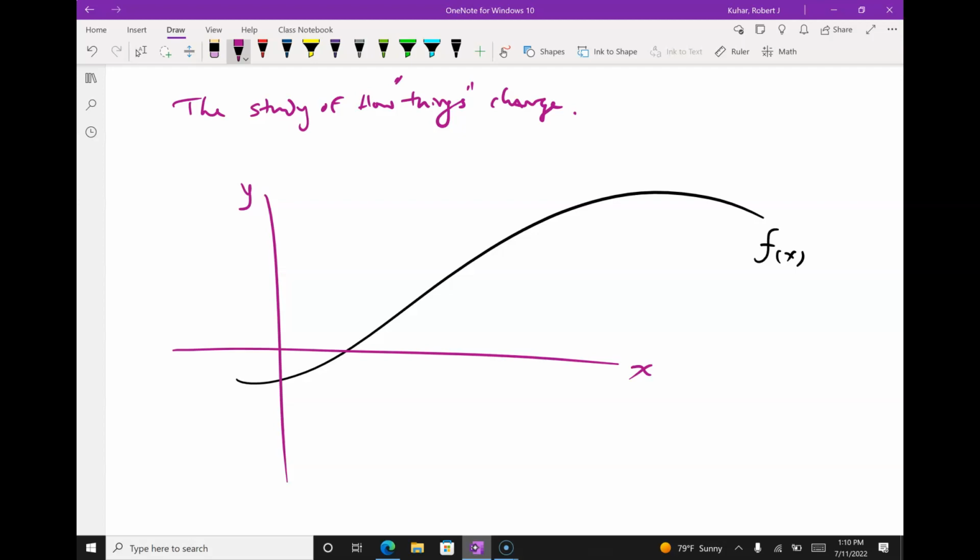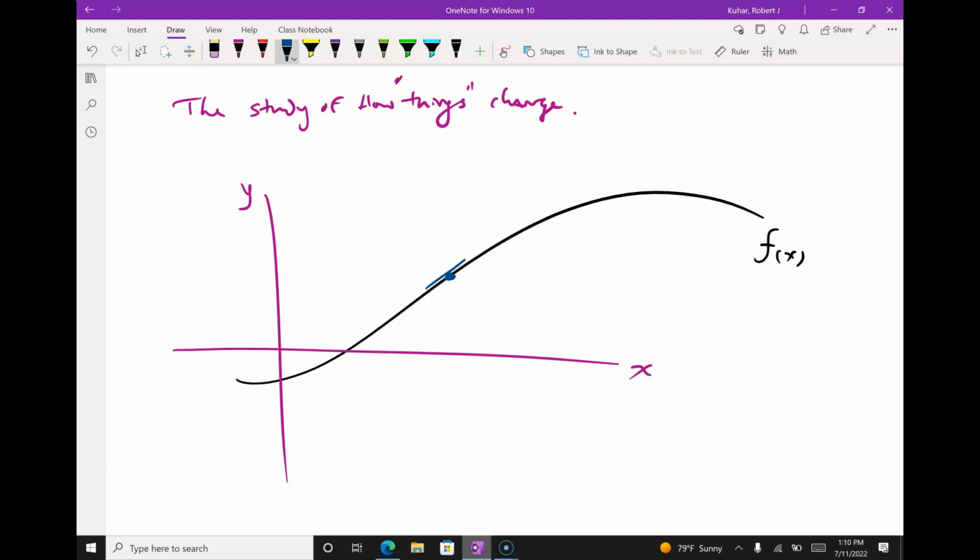So we're looking at a function, and what we're going to do is say, well, I'd really like to know, like if I was skiing on this hill, what the slope at that one point is, because that's what's called the instantaneous change. You ever see the speed cameras, right?